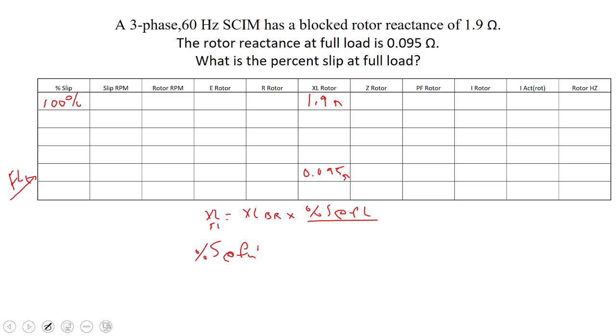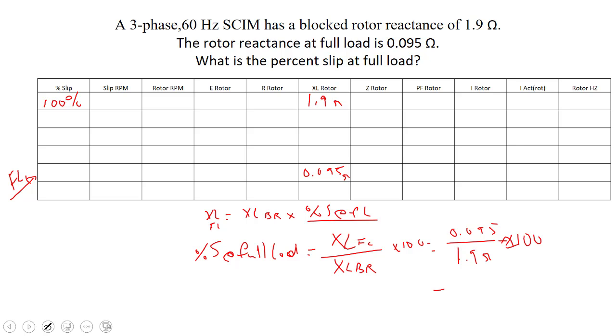The percent slip at full load would be equal to the XL at full load divided by the XL at blocked rotor times 100. So that's 0.095 divided by 1.9, times 100. That should work out to be about 5% slip. So 5%.